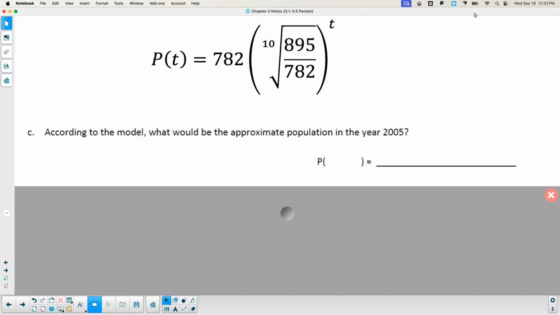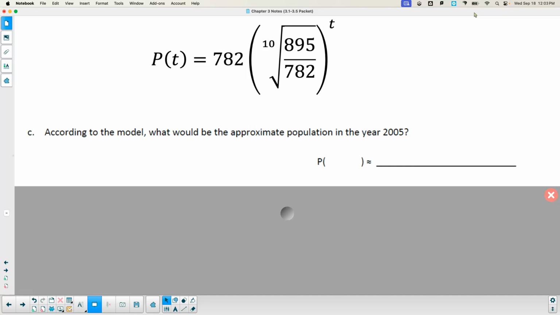So T in this equation is time in years since 1990. That's important. And our outputs, what we get out of this function, are in thousands. If you had Schmeling, I think he actually put in 782,000 and 895,000 and all that stuff.